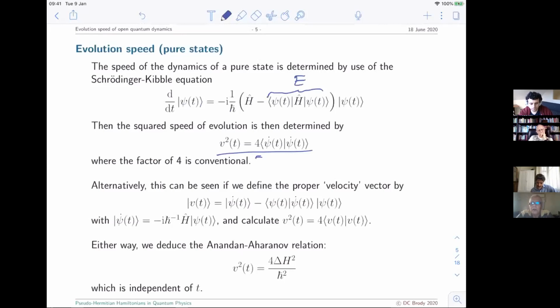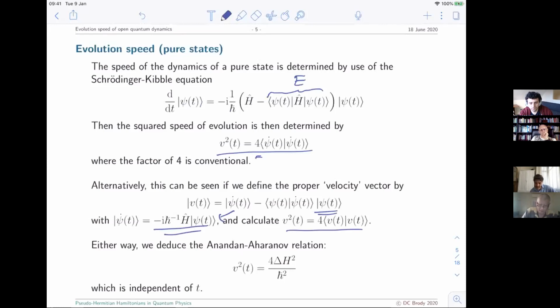So that's the velocity. An alternative way of understanding this equation is to write down the velocity vector, which is the usual Schrödinger derivative of the state minus the component of the first derivative in the direction of the state. If you take out that component, that gives you the proper velocity vector, and then you can use that to define velocity squared.